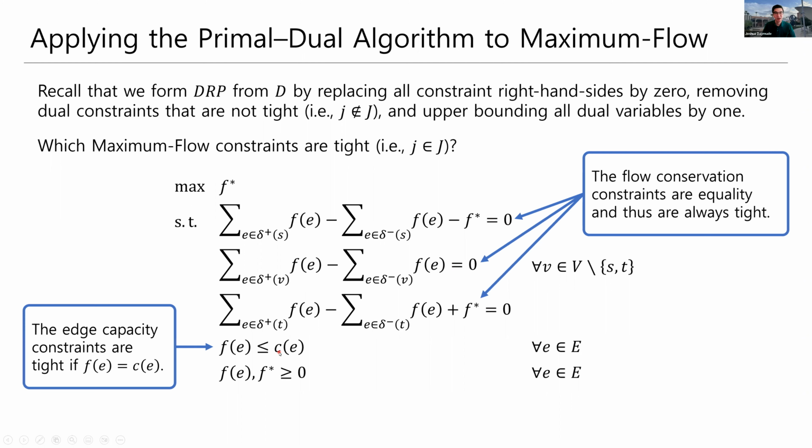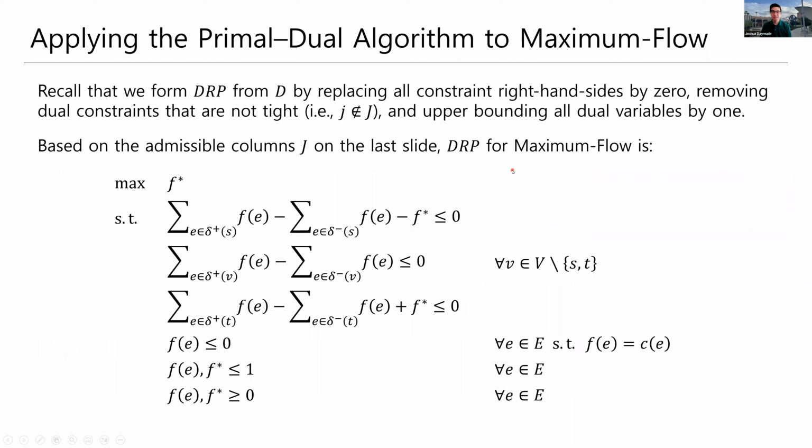What we do need to worry about are the edge capacity constraints. We don't know right off the bat whether our flow is strictly less than the capacity or whether it's saturating the edge and it's tight, exactly equal to the capacity. So here, we need to differentiate. We say that the edge capacity constraints are tight if f of e is equal to c of e. These are the ones that are tight. The rest of them we can remove.